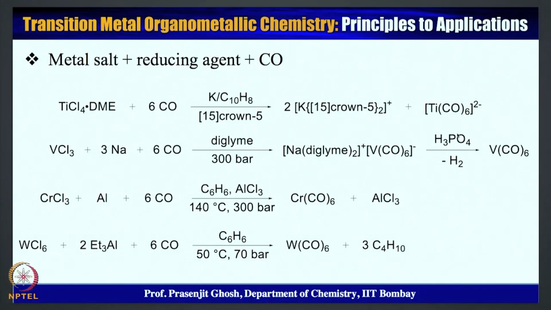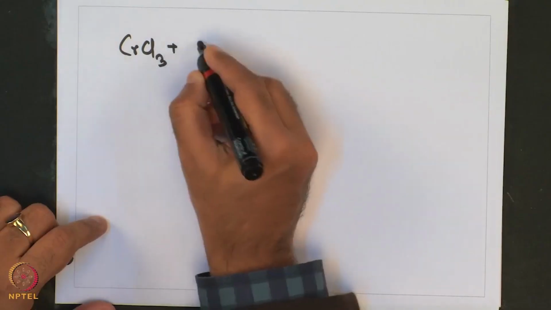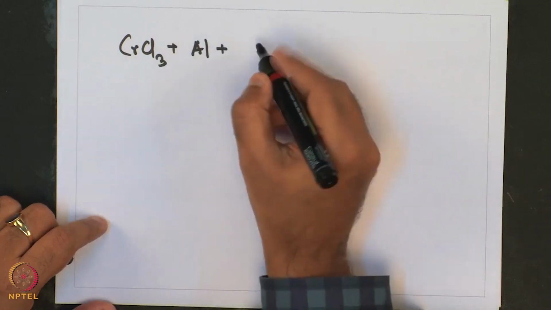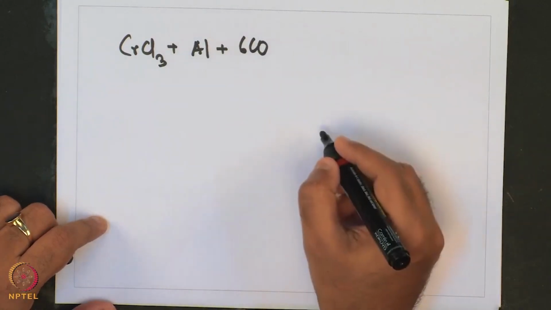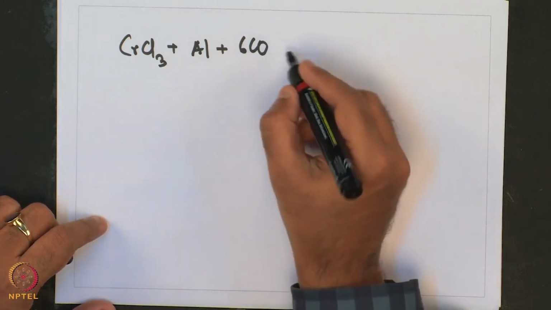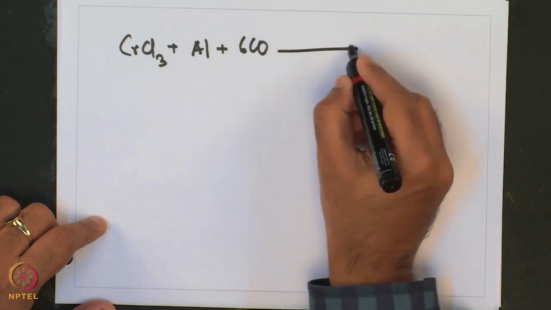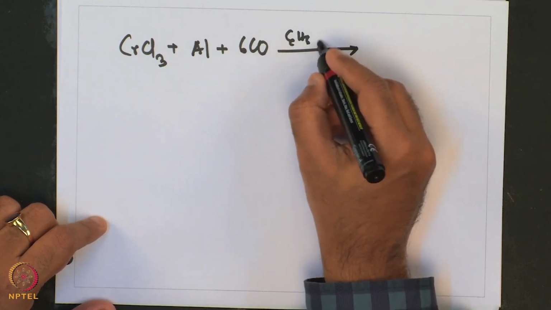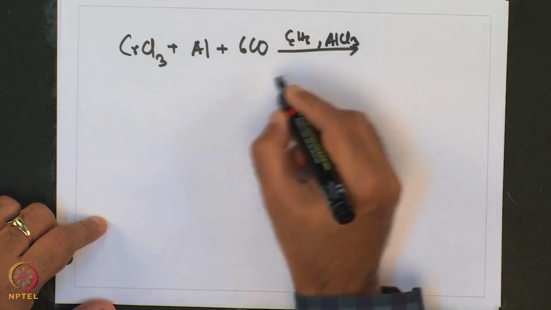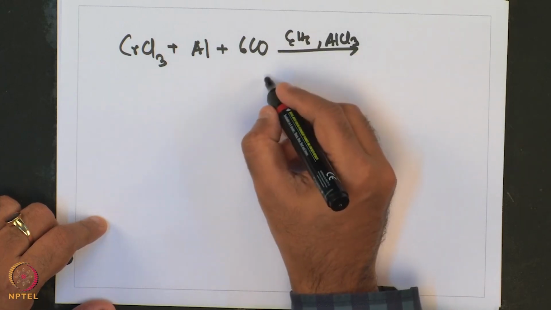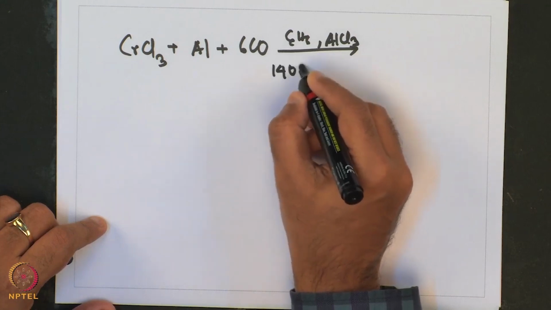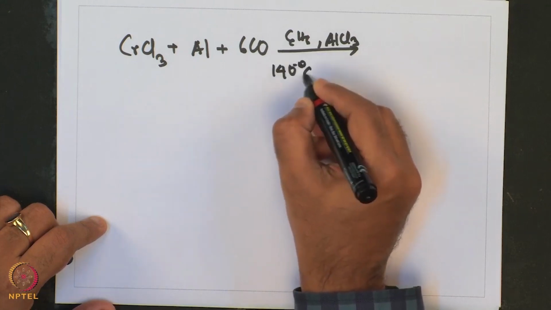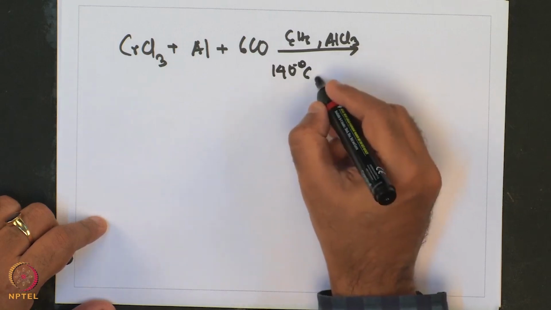So, the other example in this category is reaction of chromium trichloride with aluminum: CrCl3 plus Al plus 6CO plus C6H6 and AlCl3 at 140 degrees centigrade and 300 atmospheric pressure.